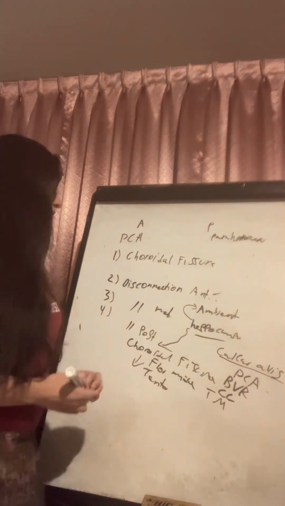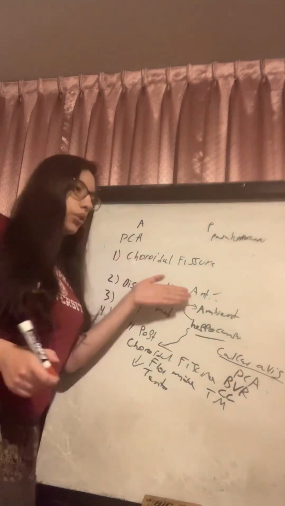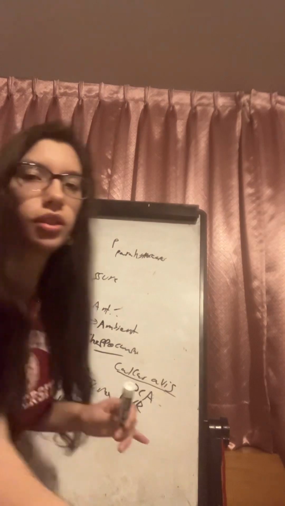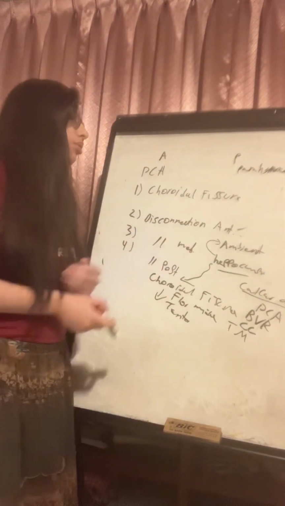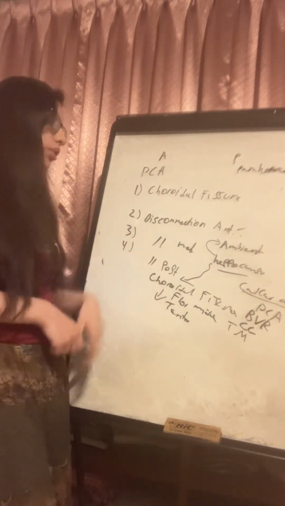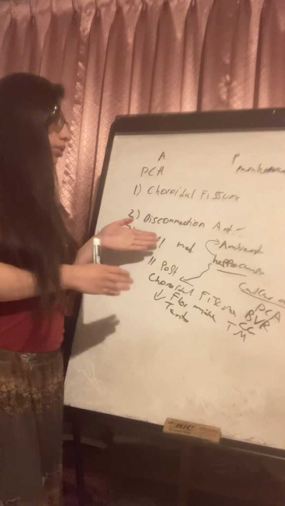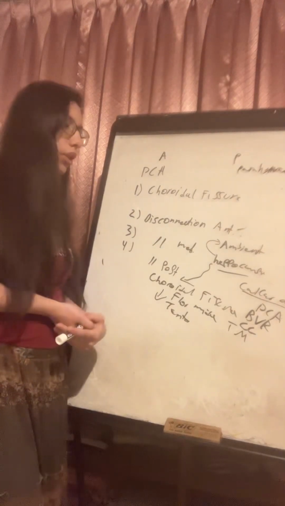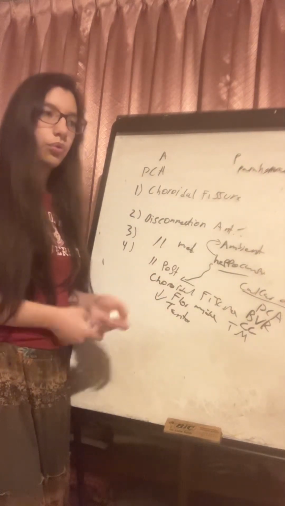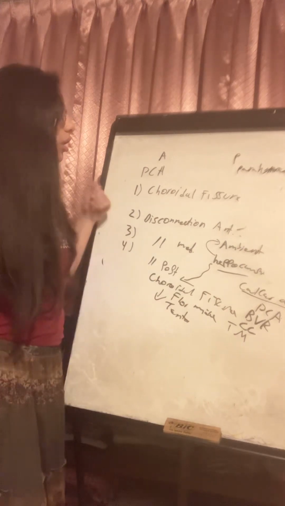And when we open the choroidal fissure, all the structures that are lateral to the fissure can be removed, and all the structures that are medial need to be conserved. The choroid plexus that is attached to the thalamus will be preserved.